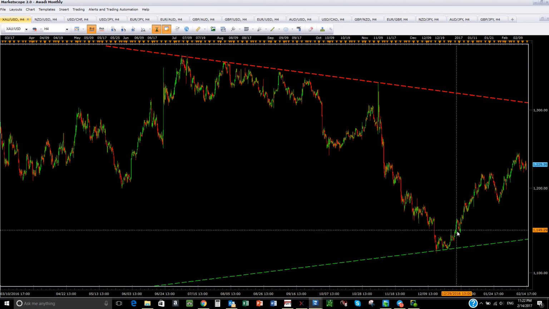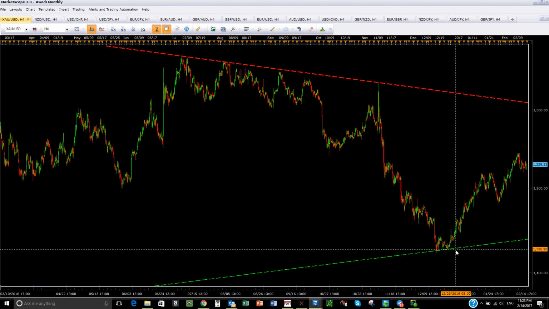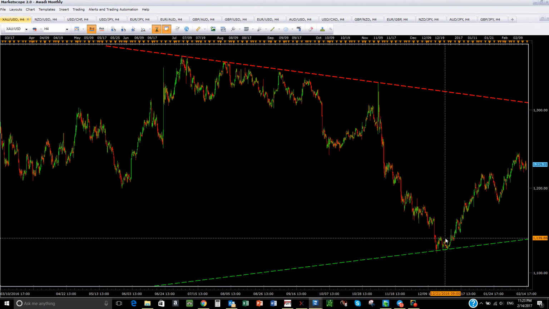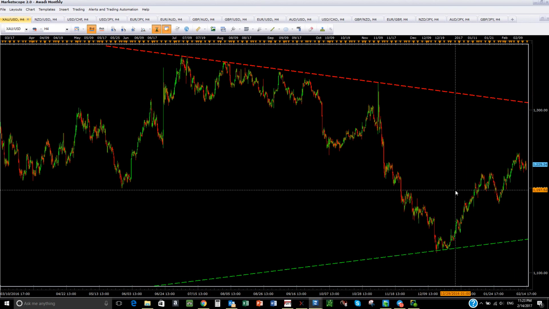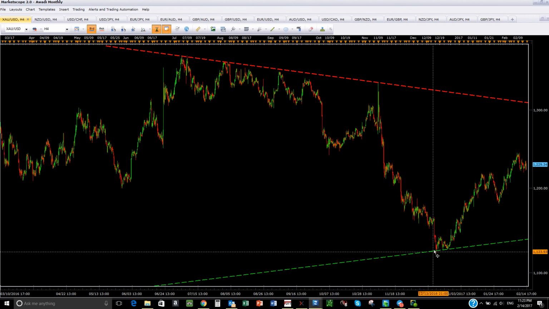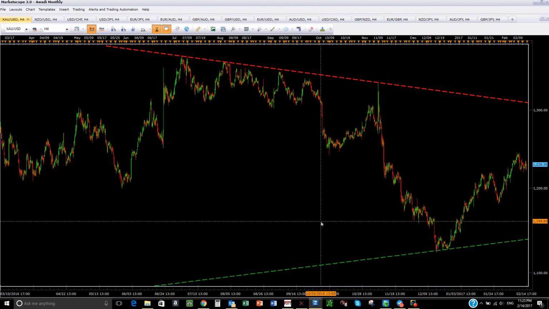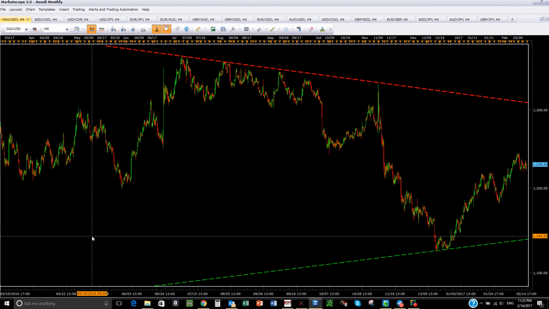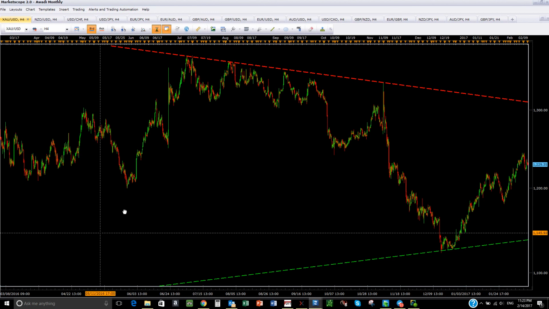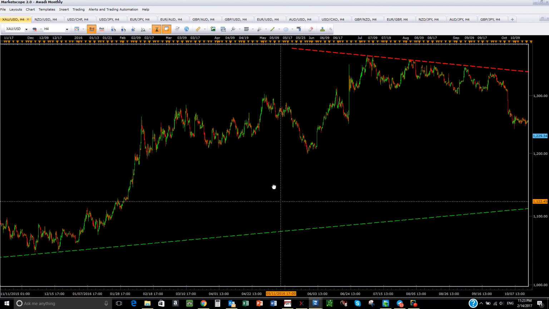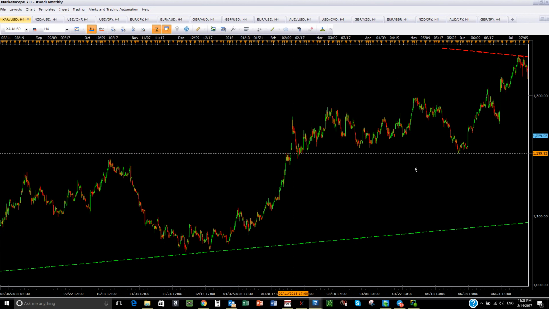And also the support line is already hit twice, between this swing low and the previous swing low. So now I need to draw the internal channel between these two.